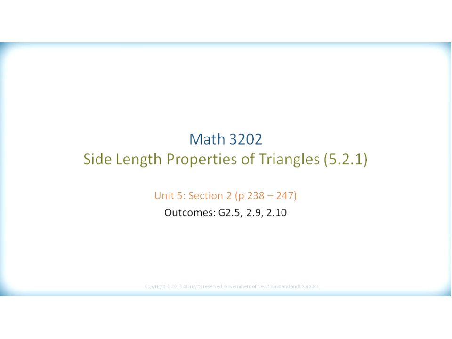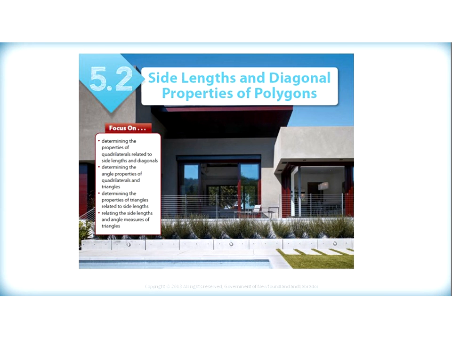We're going to look at a few questions now regarding side length properties of triangles. So we're going to look at determining the properties of triangles related to side lengths.